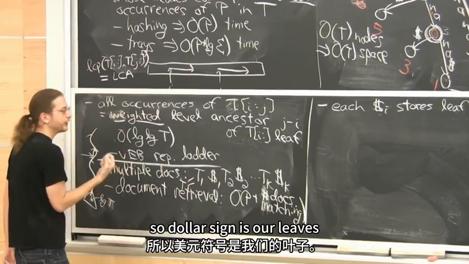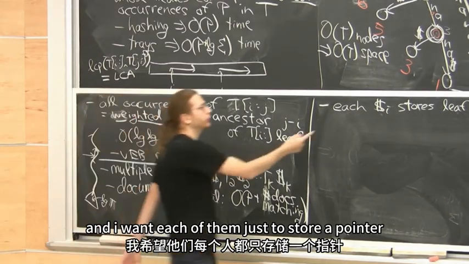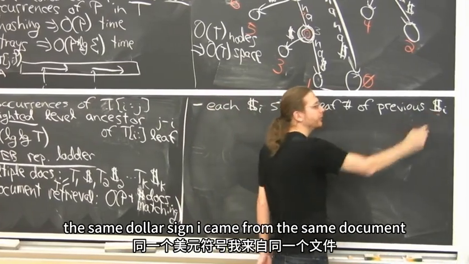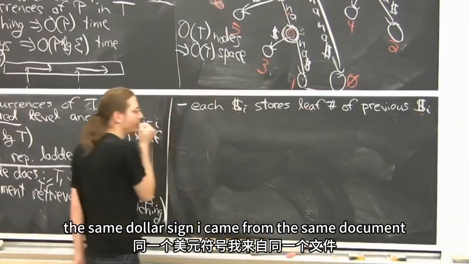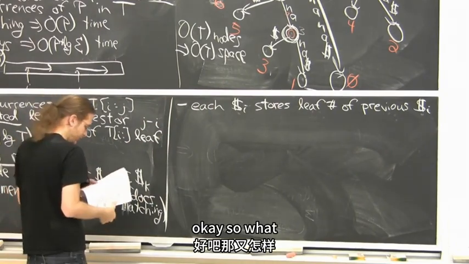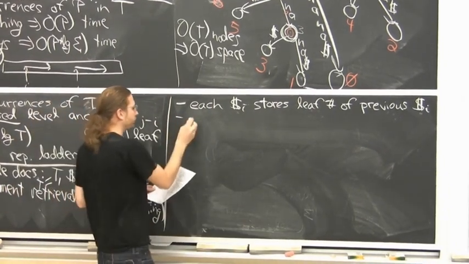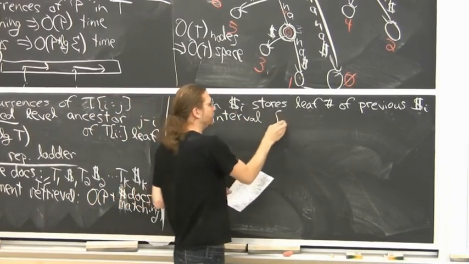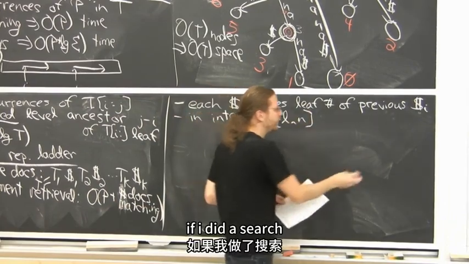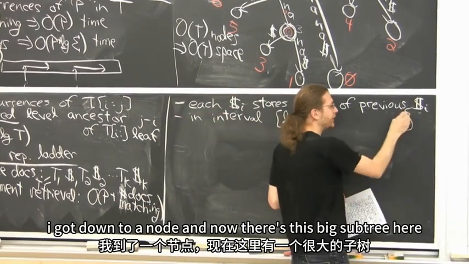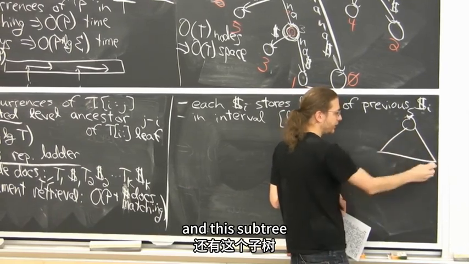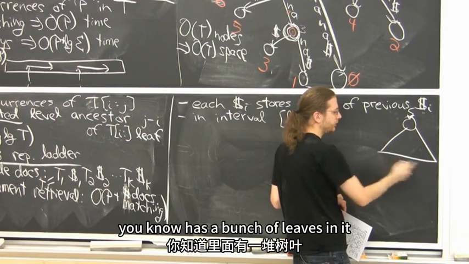So those represent the individual documents. So $i's are leaves. And I want each of them just to store a pointer, basically, to the previous one of the same type, the same $i, that came from the same document. Okay, so what? So now, here's the idea. If I did a search, I got down to a node, and now there's this big subtree here. And this subtree has a bunch of leaves in it.